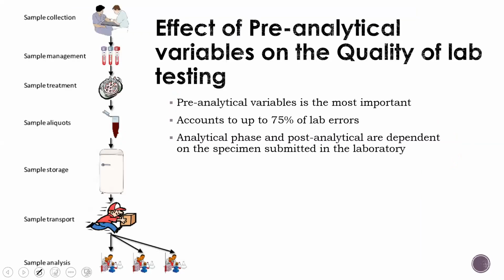So, what are the effects? Just a review. What are the effects of pre-analytical variables on quality of lab testing? Sabi ko nga, last time, 75% of lab errors comes from the pre-analytic. So, analytical phase and post-analytical phase are dependent on the specimen submitted in the laboratory.